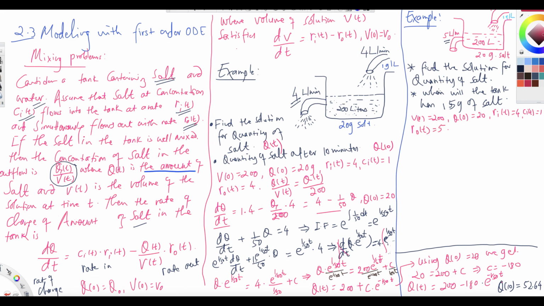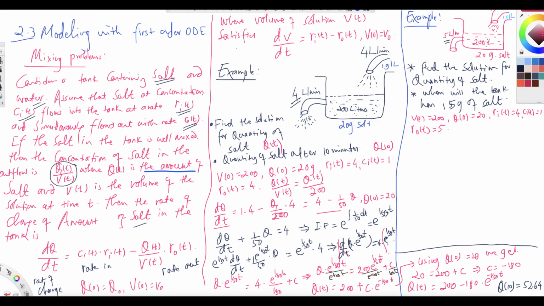Now we need to find out V(t). So how do I find V(t)? You see that the volume will start to decrease, because after 1 minute 4 liters come in, 5 liters go out, so it is 1 liter less. After 2 minutes, 2 liters less, after 3 minutes, 3 liters less, and so on, right?